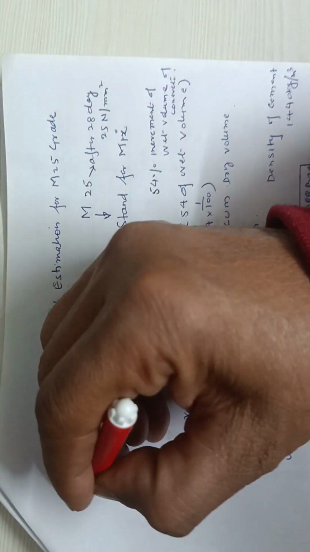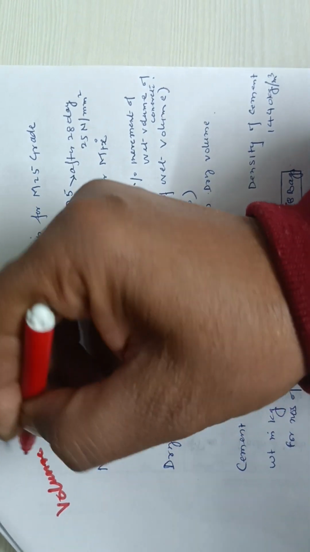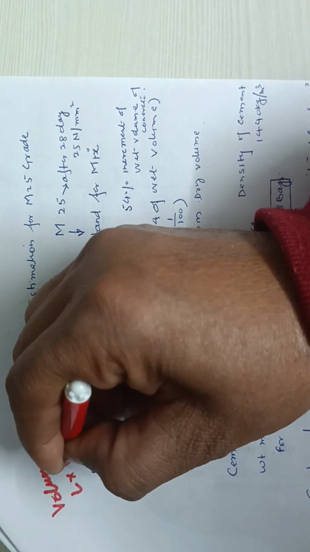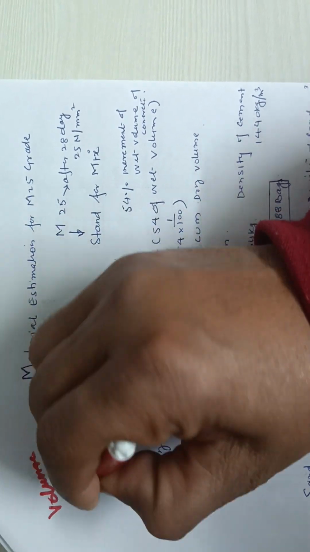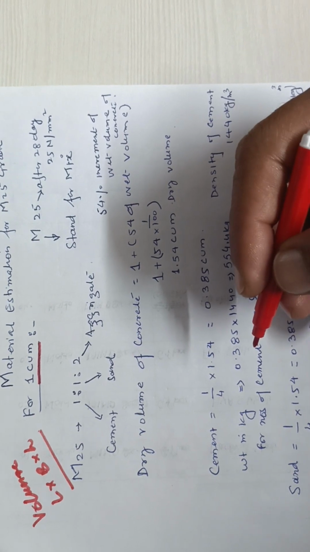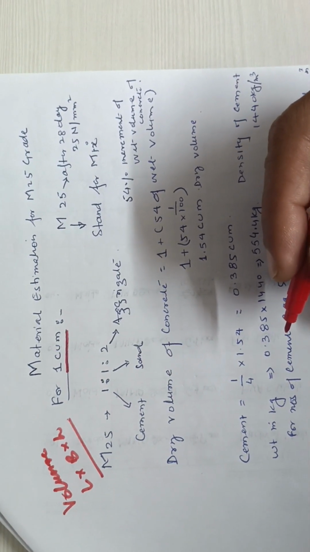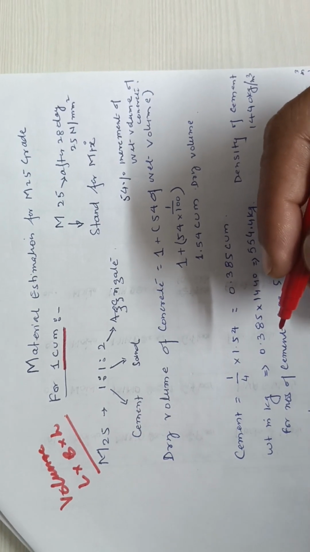As we know, the formula for volume is length, breadth and height. You can find out the volume of concrete. So let's start. For 1 cubic meter, how much material is required?